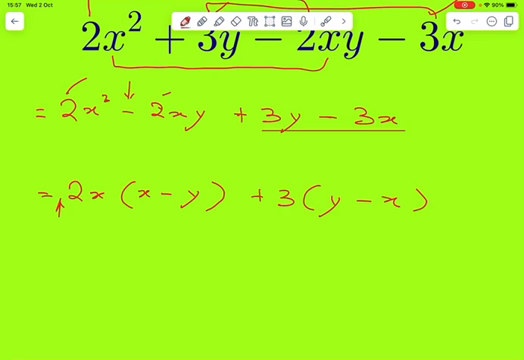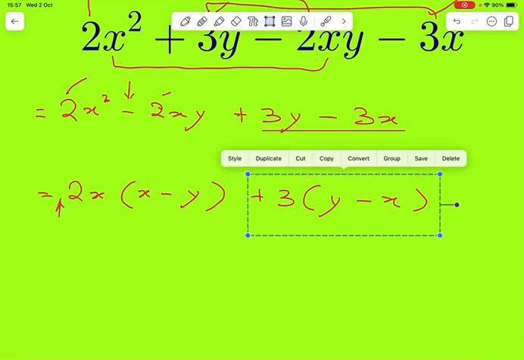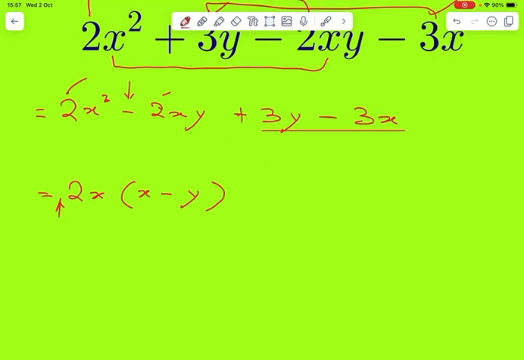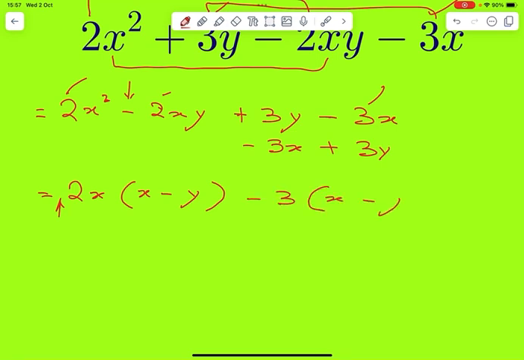We can put the negative 3x in front. What I'm saying is that we put negative 3x in front plus 3y, and then we can factorize as negative 3 bracket x minus y.